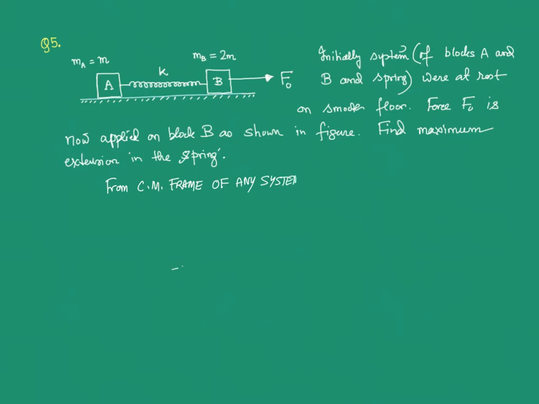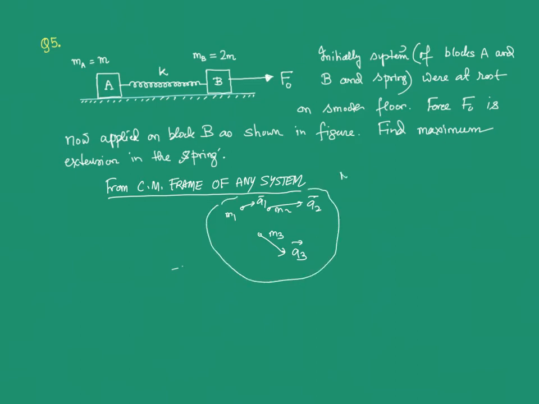What happens in the CM frame of any system? Suppose there is a system of several masses m1, m2, m3 having accelerations, say a1, a2, a3, like that. So what is the net force on the system?